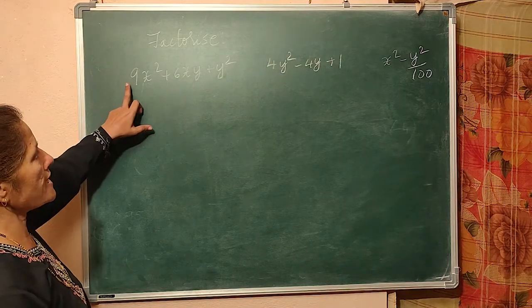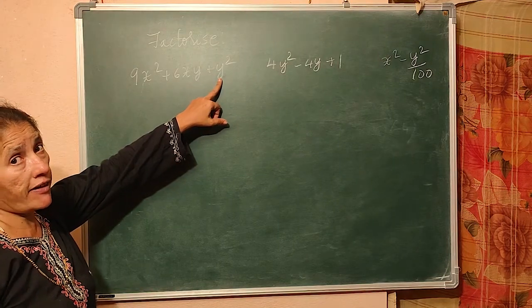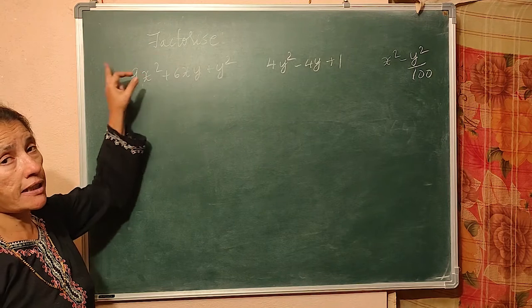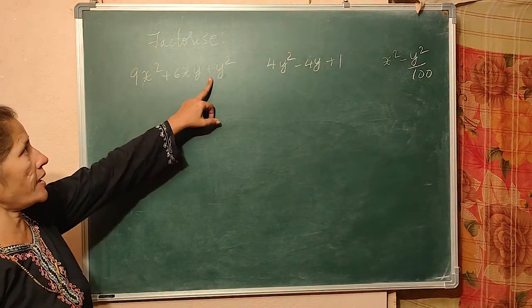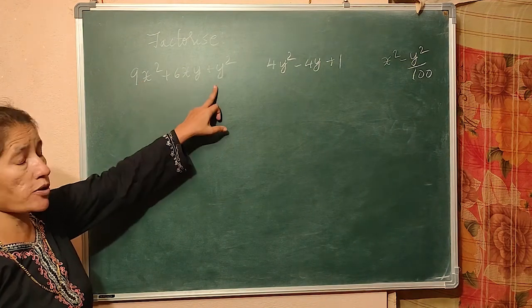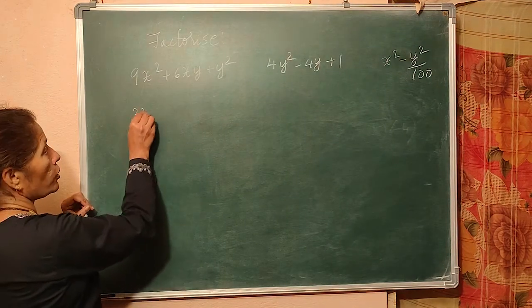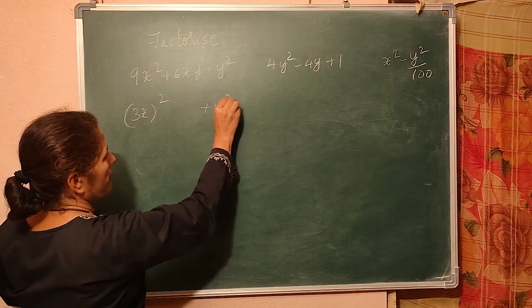Now, first question is 9x square plus 6xy plus y square. Whenever it is there in that form, you first test whether the first and the last ones are square numbers. Are they square numbers? Yes. 9x square is also a square number, y square is also a square number. 9x square is 3x the whole square and this one is y square.